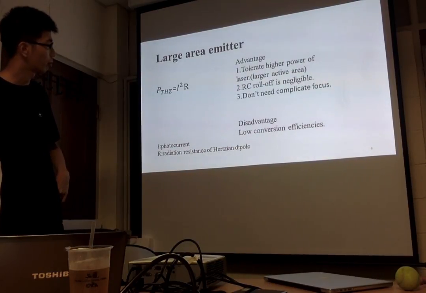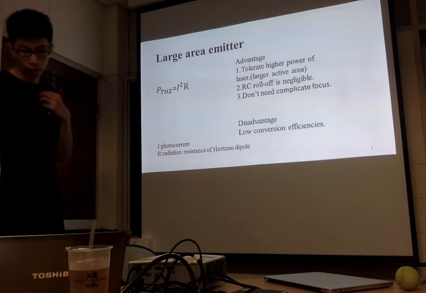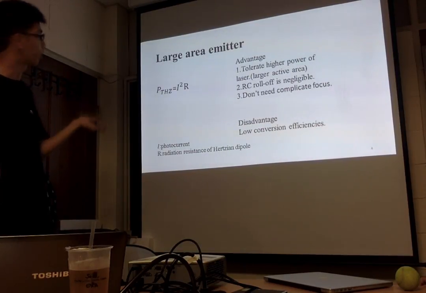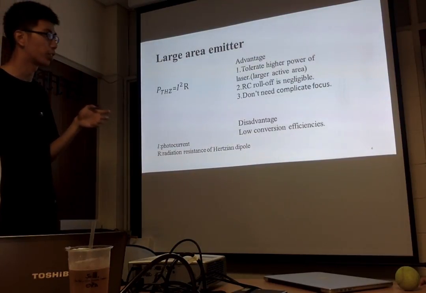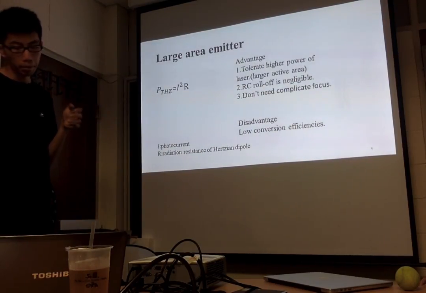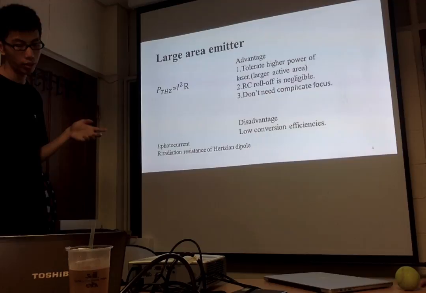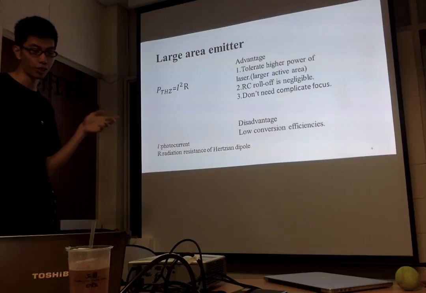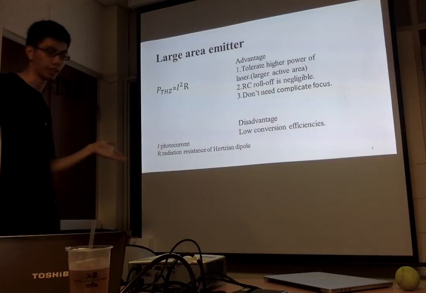The size of the active area of the large area emitter is around 500 micrometers by 500 micrometers. The size of the active area of the large area emitter is much larger than the active area of the antenna emitter.